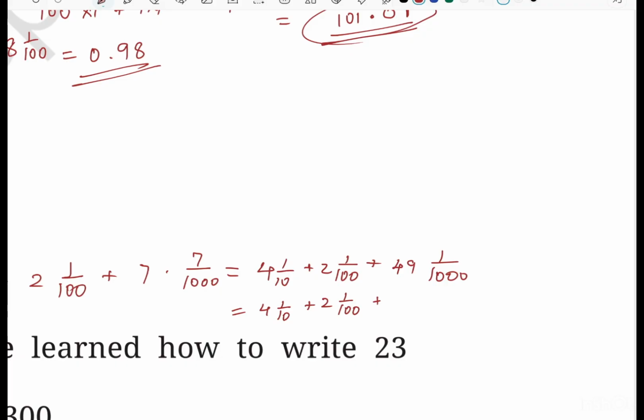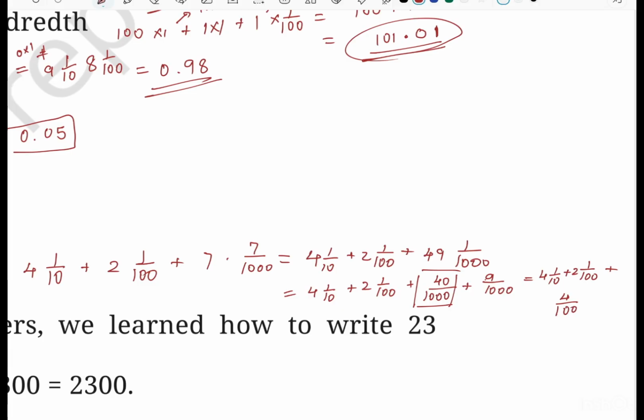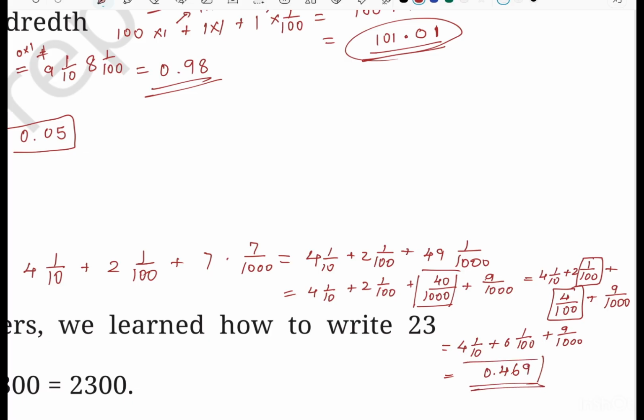So 40 by thousandths plus 9 by thousandths, and this 40 by thousandths can be written as 4 hundredths. So we can write 4 tenths plus 6 hundredths plus 9 thousandths. That means 4 tenths means 0.4, and 6 hundredths, and thousandths 9.